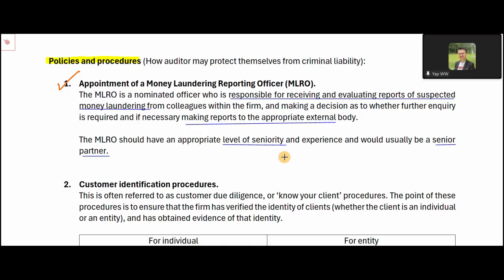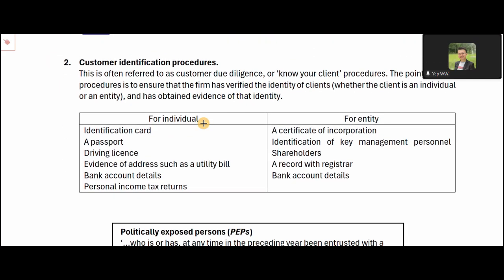So the audit firm can protect themselves and say, when we encountered suspected money laundering, we reported to the MLRO. The MLRO is an expert in our firm who can evaluate money laundering issues, and we found that no such money laundering was suspected. So the audit firm will protect themselves very well because they have done something to avoid or detect money laundering.